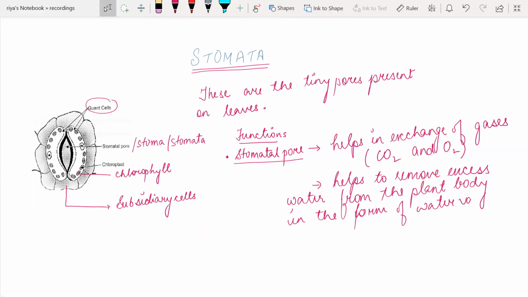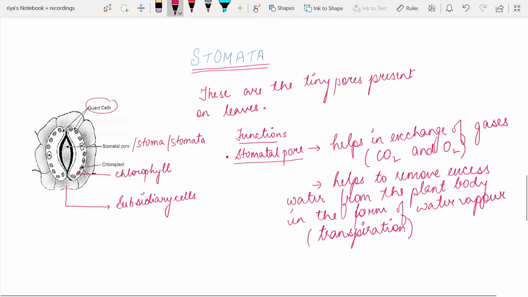And we know what this process is known as? This process is known as transpiration. So it helps in the process of transpiration.